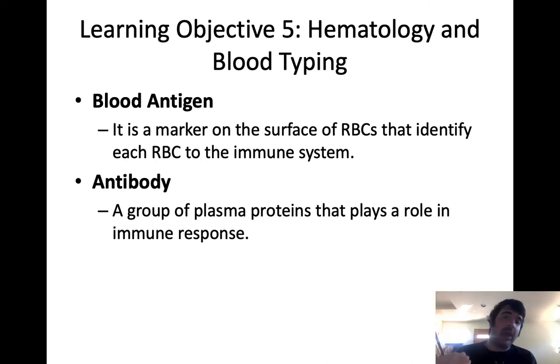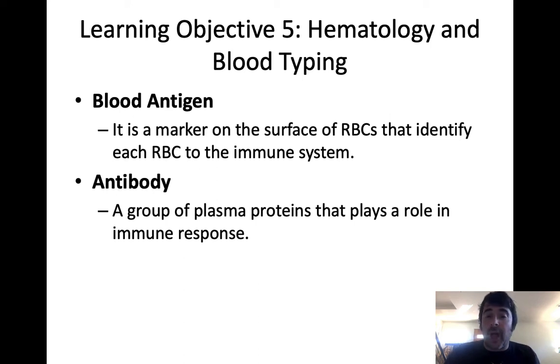A blood antigen is a marker on the surface of the red blood cell that could potentially trigger an immune response, and that's why we call these markers on the surface of red blood cells blood antigens. So blood antigens are markers embedded within the membrane of red blood cells that are genetically determined and never change.